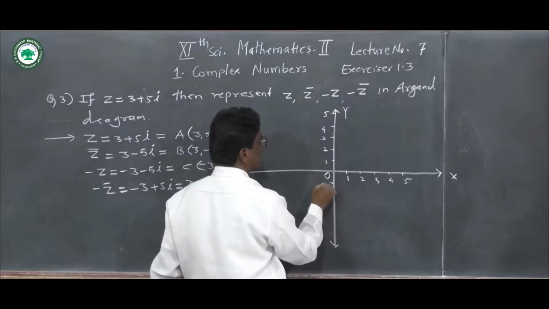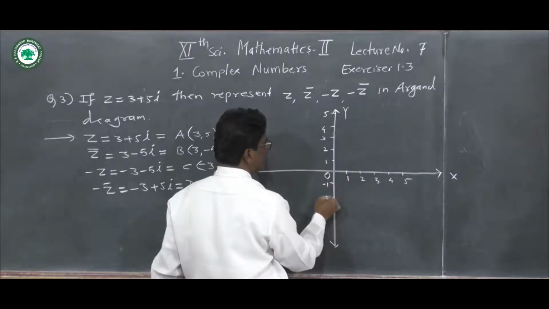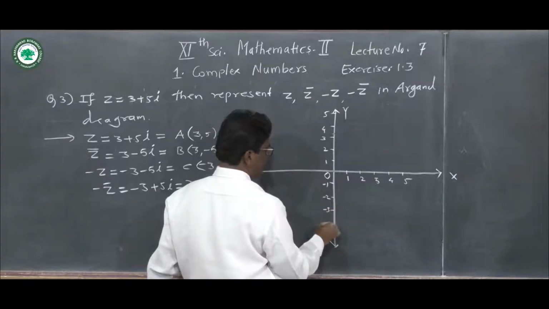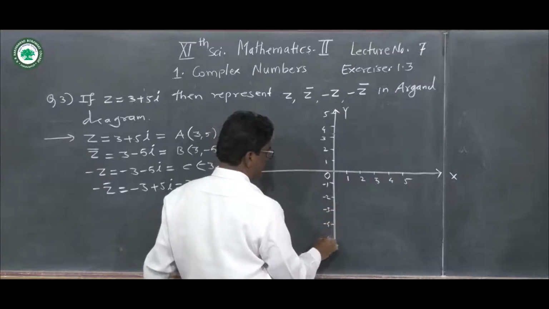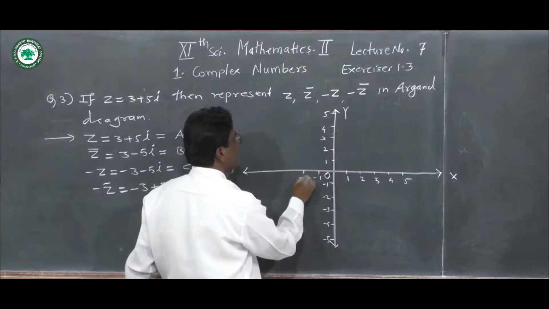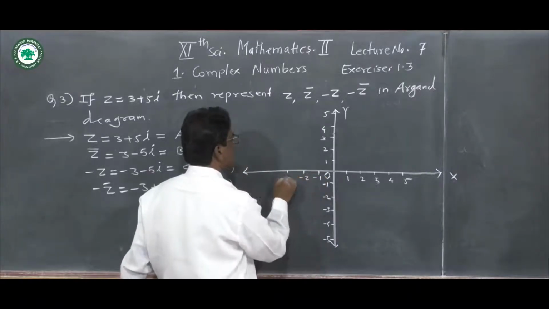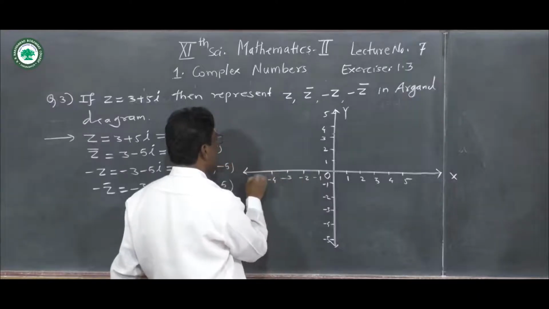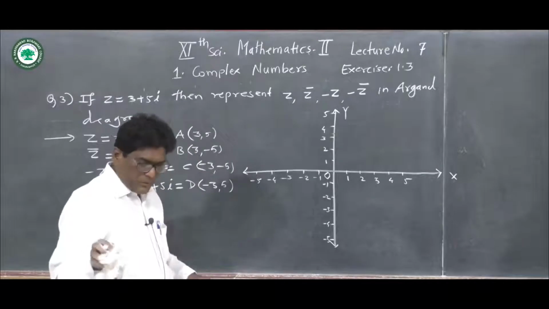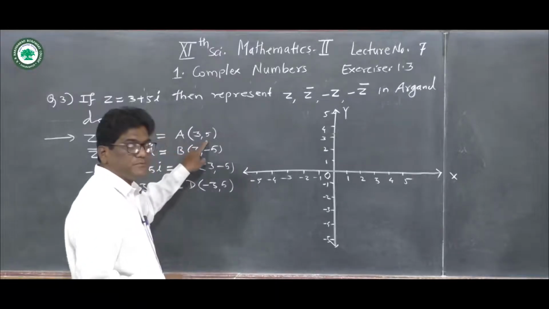Here minus 1, minus 2, minus 3, minus 4 and minus 5, and here minus 1, minus 2, minus 3, minus 4, minus 5. Get it?